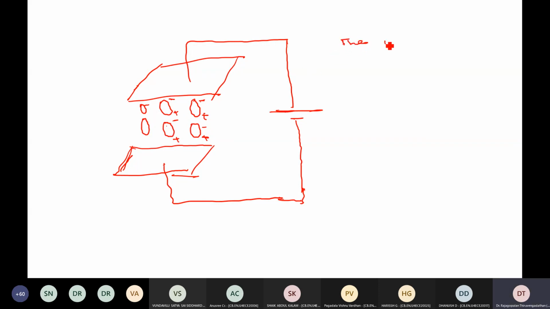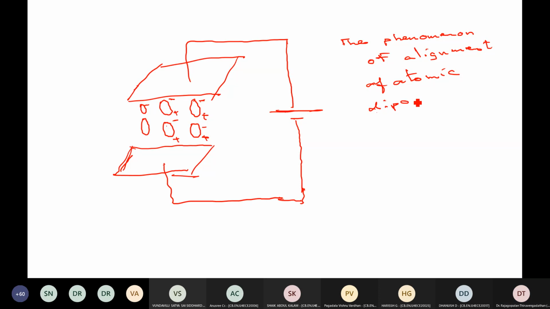The phenomenon of alignment of atomic dipoles in a dielectric when subjected to an external field.